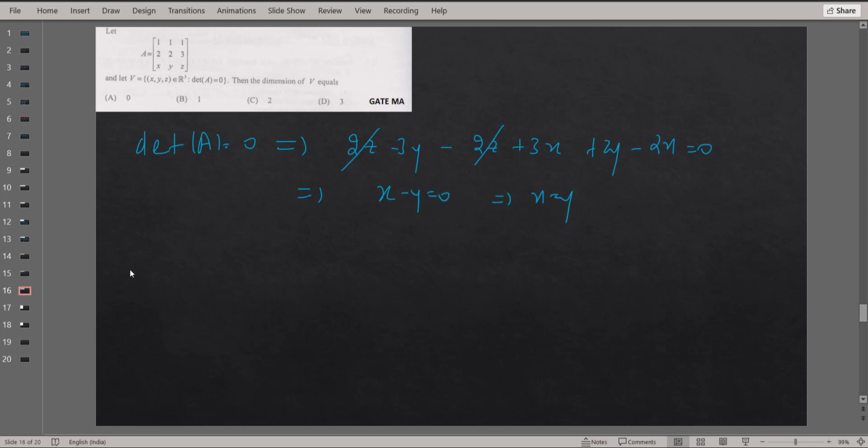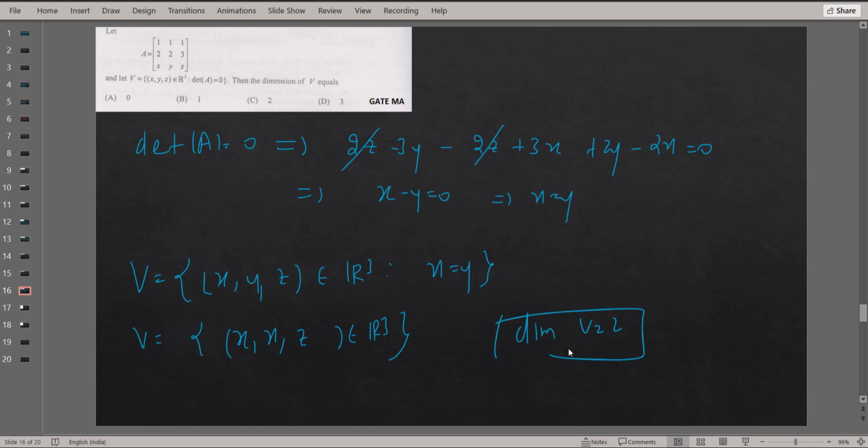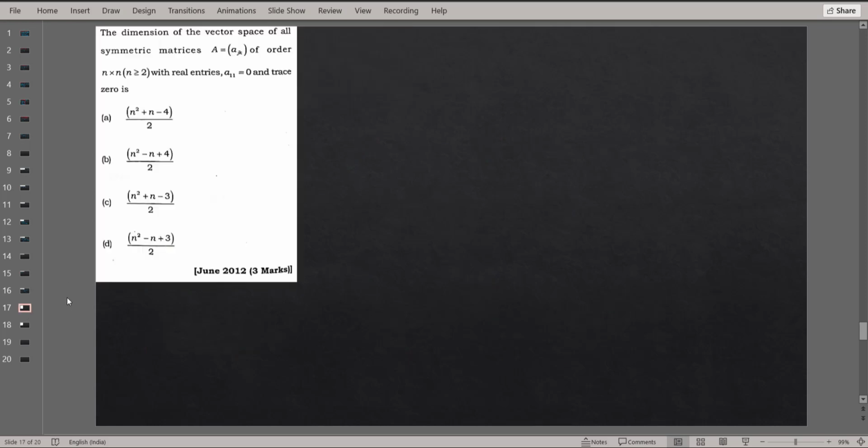So we have V equals (x, y, z) belonging to R cube such that x equals y, which implies V equals (x, z) belonging to R cube. Here the number of unknowns is 2, so the dimension of V is 2. So the correct option is 2. Now we will move to the next question.